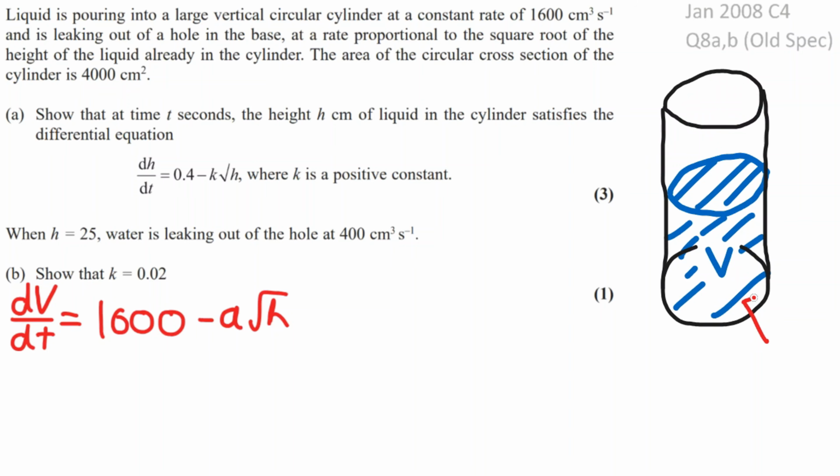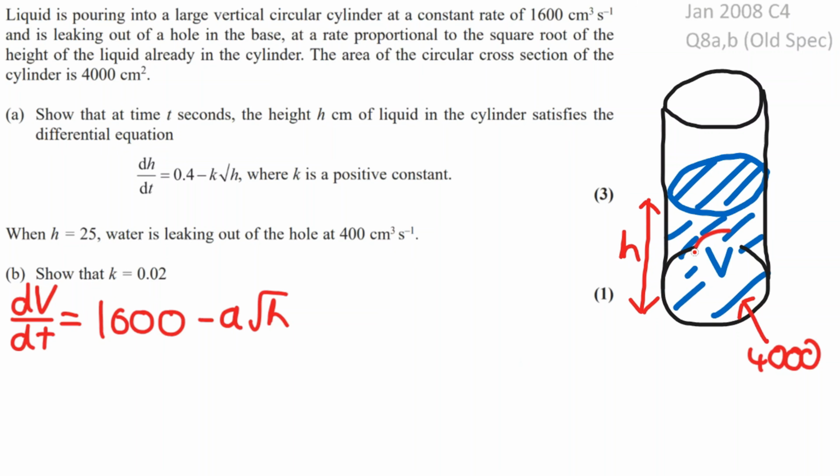So this is 4,000. And we're also told that the height of the liquid in the cylinder is represented by h here.